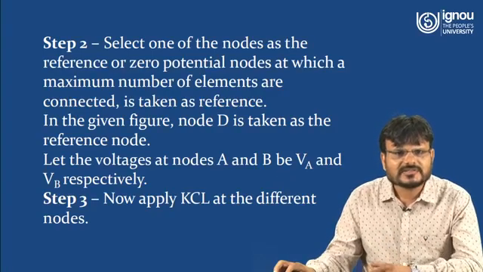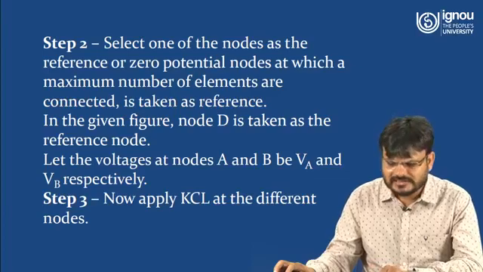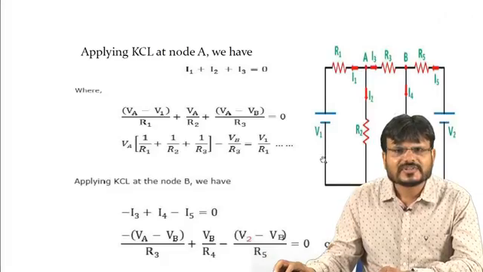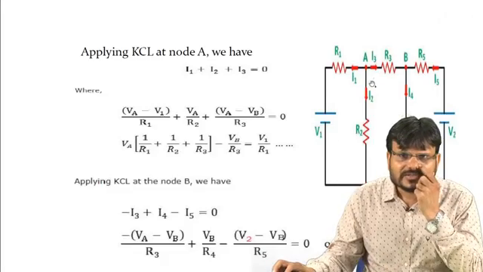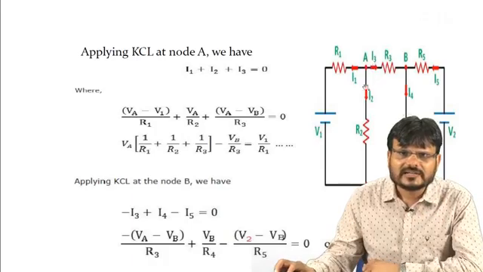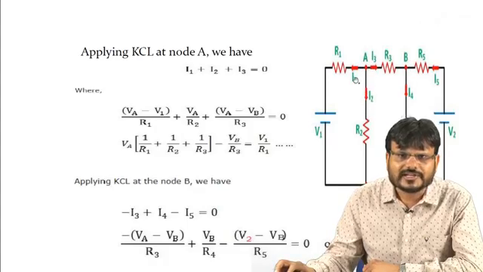And the third step is now you apply KCL at different nodes. So here you have to apply KCL at node A and KCL at node B. Here you can see at node A there are three outgoing currents: I1, I2 and I3.